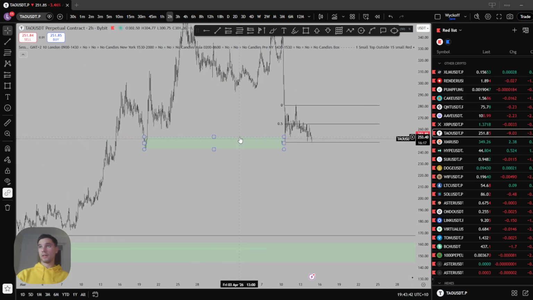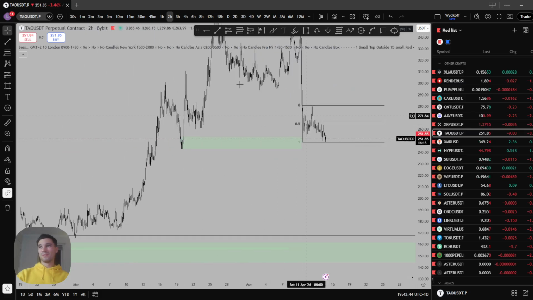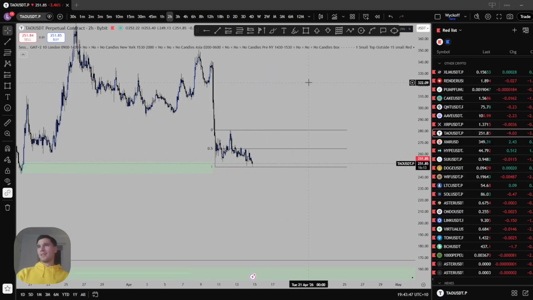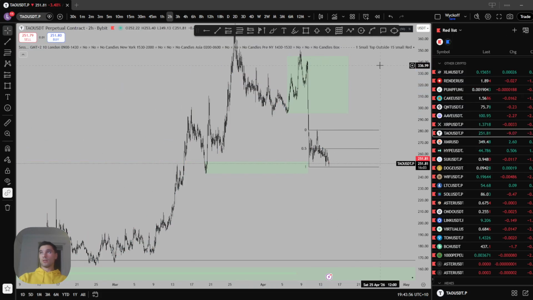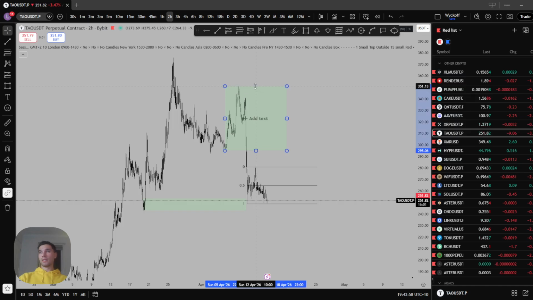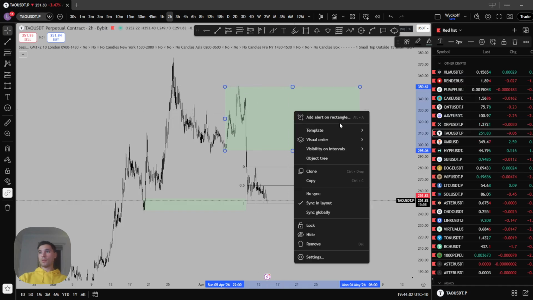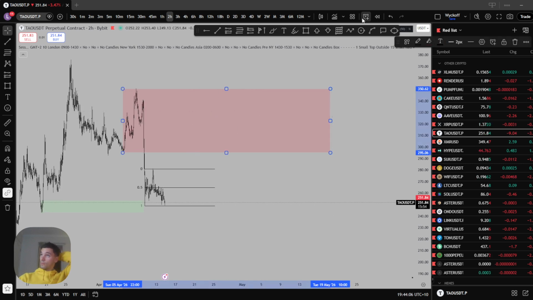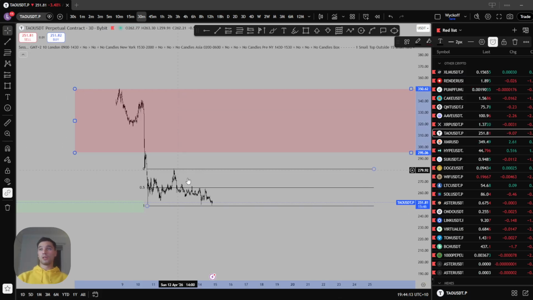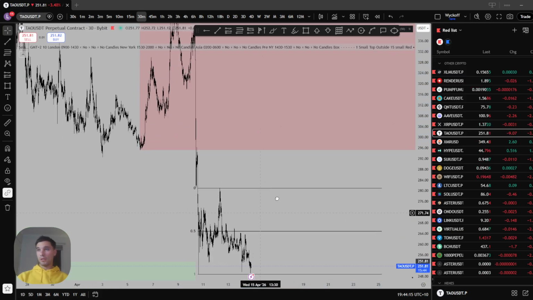Yeah, we've mitigated this. There is supply above, which you would think will get mitigated at some point, especially if price was to dump. It's not necessarily given, but it can happen. But yeah, I'll monitor for a little accumulation scalp here on Tau.